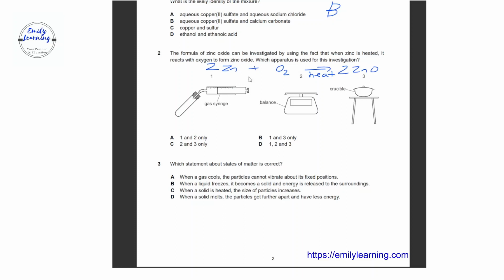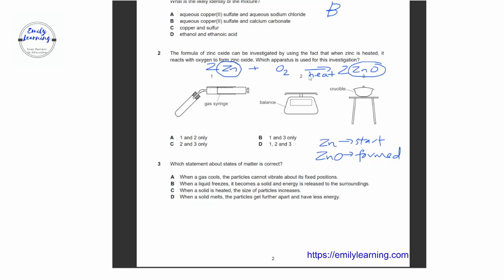What we would need is to basically know how much zinc we start off with, and then we could also find how much ZnO we end off with. To find the mass of oxygen that has reacted, you simply take the mass of ZnO formed minus the mass of zinc.